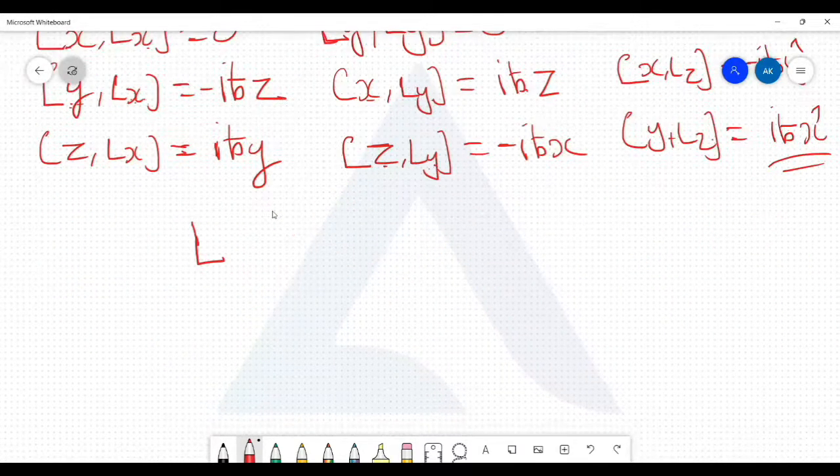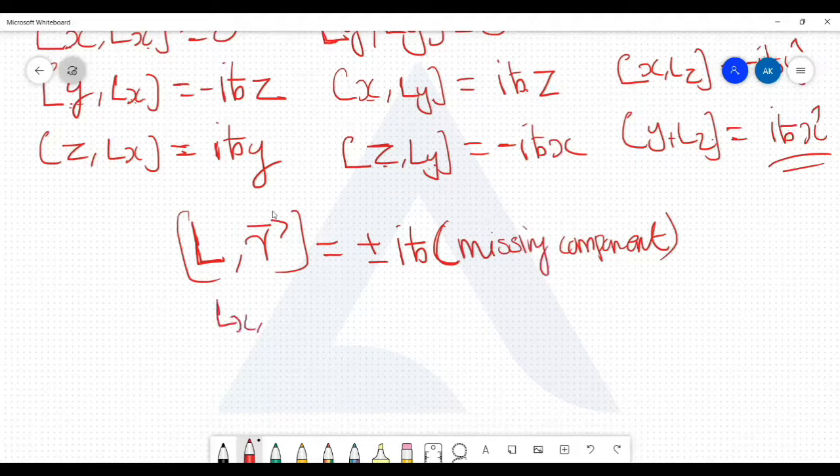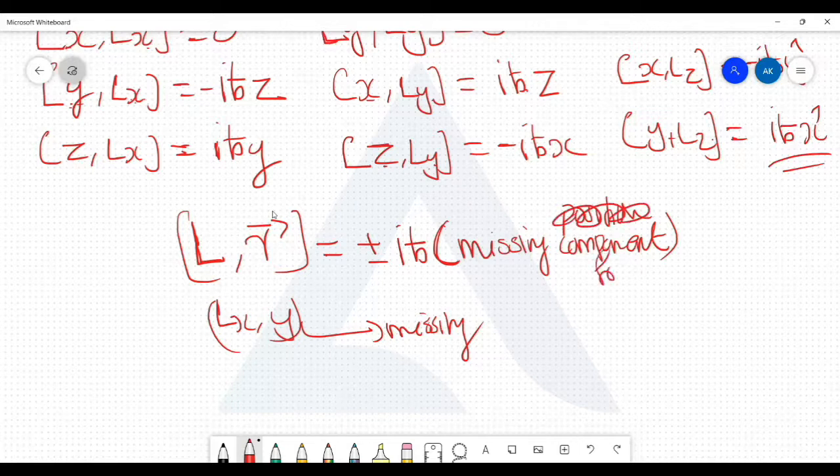So, what is the best way? If you have L angular momentum component with R, your answer will be either plus or minus iħ cross, okay, the missing component. If it is Lx y, which is the missing component? Missing position component. Missing component from position, you can write it like that. This gives more meaning.